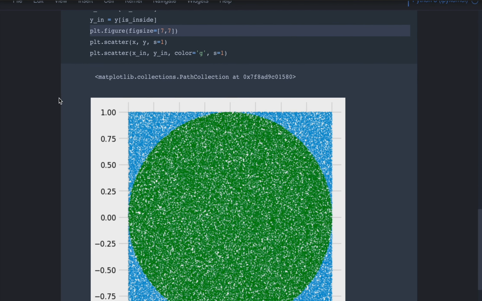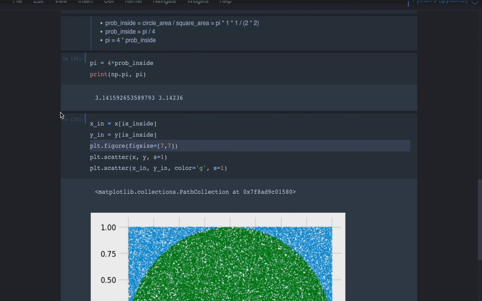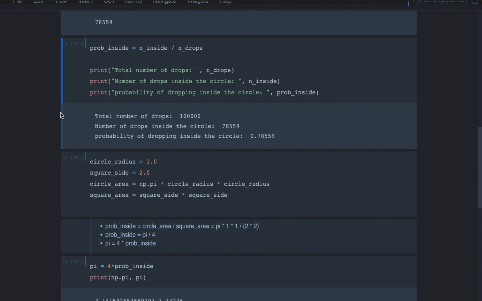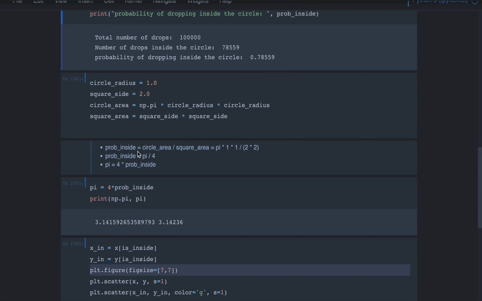So the probability is simply the ratio of the area of the circle divided by the area of the square. For example, here the probability of the point dropping inside is equal to the area of the circle divided by the area of the square, right?